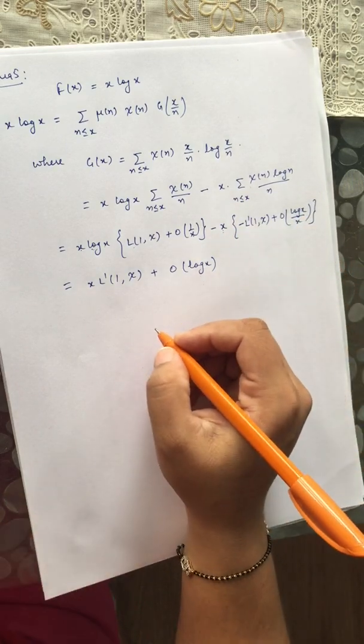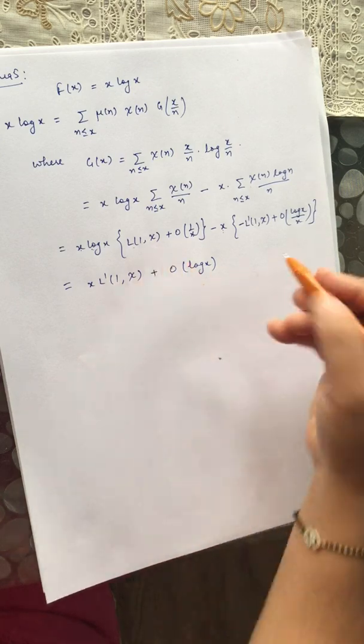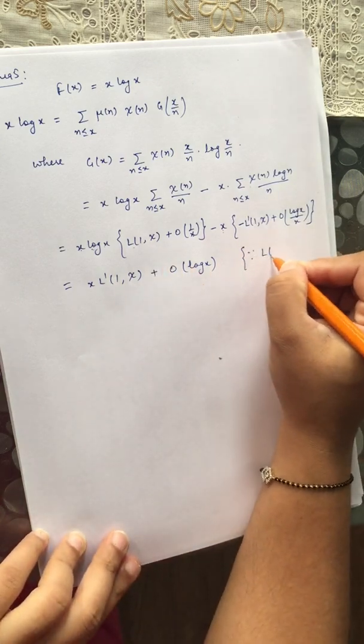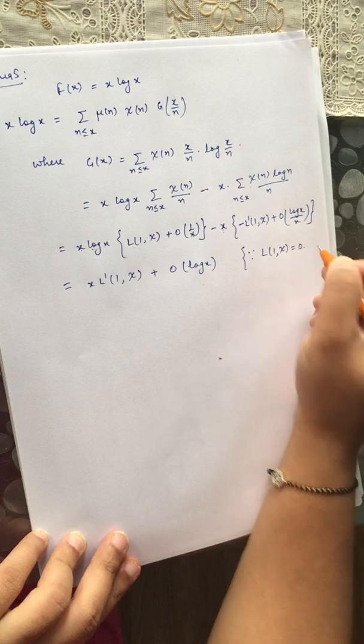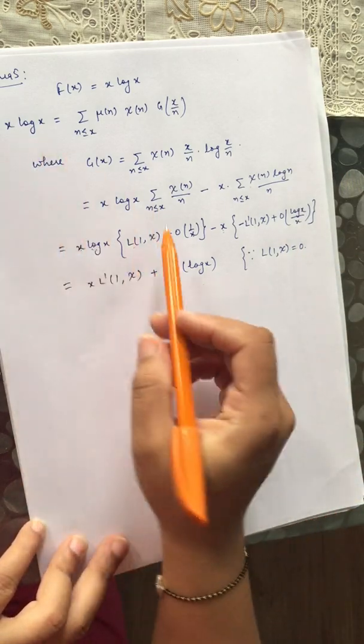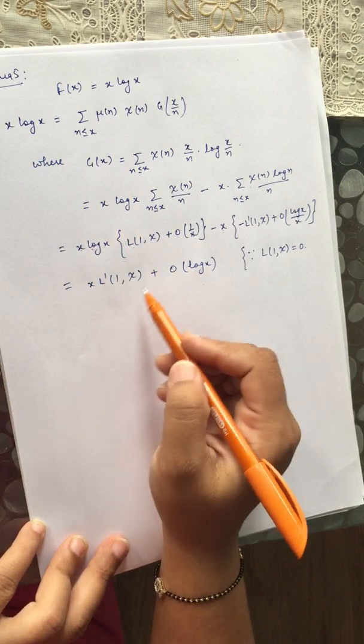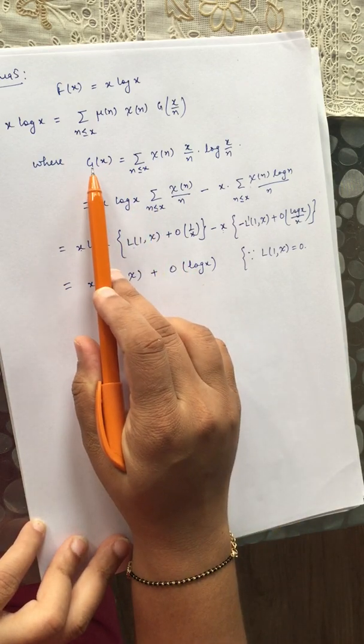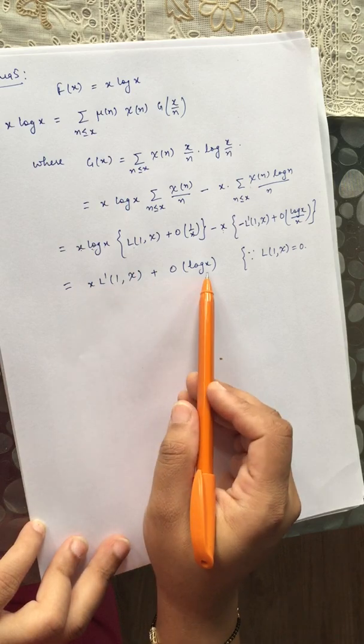So this becomes order of log x, and this term is 0 because this is given, L(1, chi) is 0. So now we have proved that g(x) is equal to x into this plus order of log x.